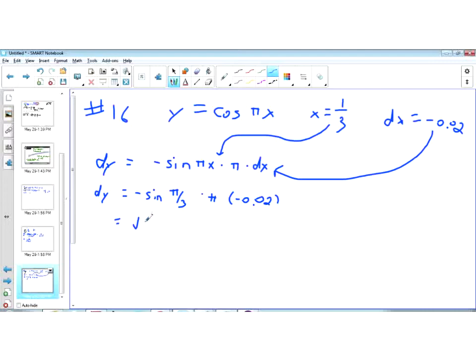So this would equal to what? The square root of 3 over 2 times 0.02 times pi, so whatever that is. You can use your calculator to simplify that if you want.